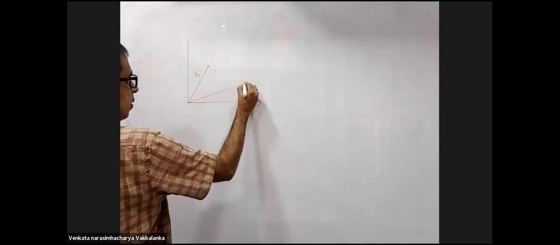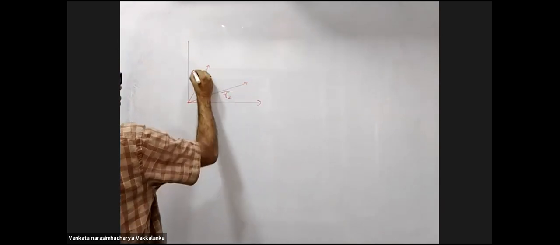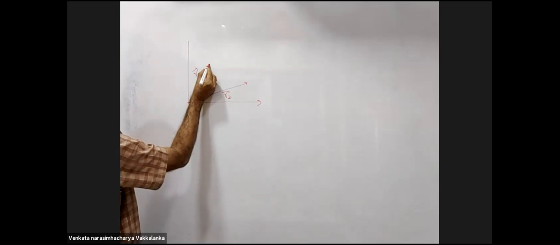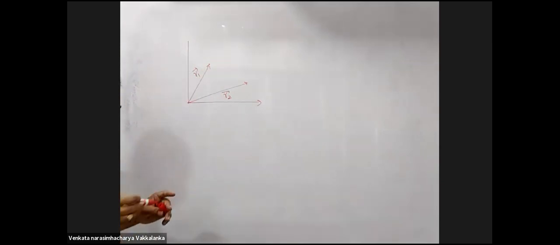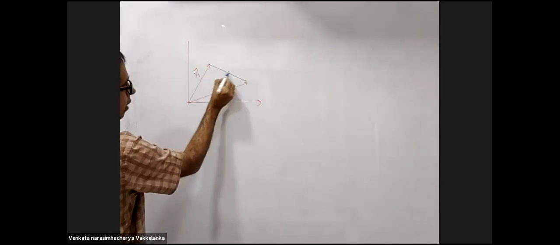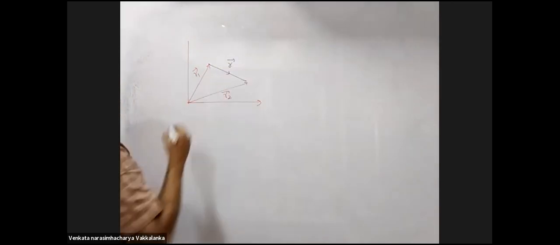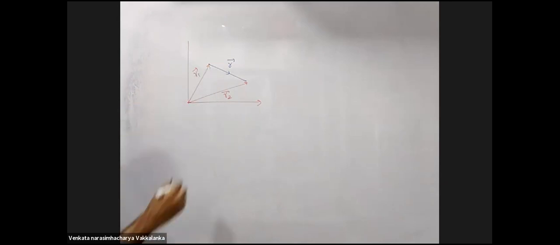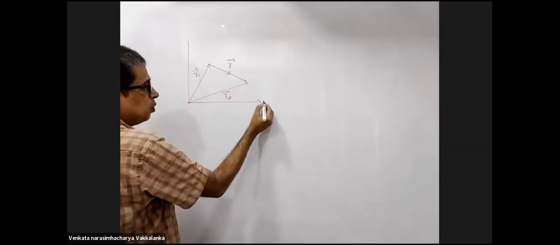Suppose I tell you that I am going from R1 to R2, a particle is taken from R1 to R2. How do I get this vector R? I am going from position R1 to position R2.